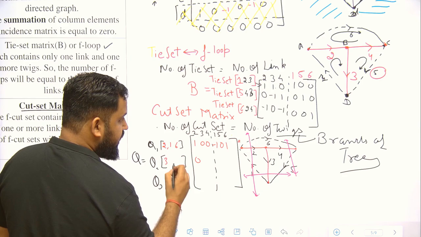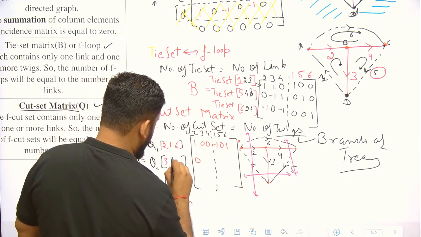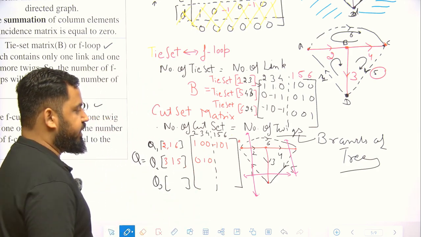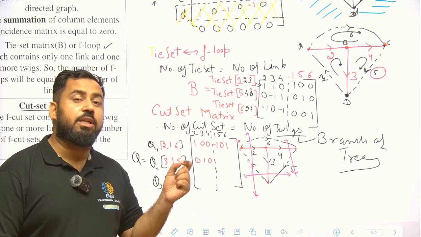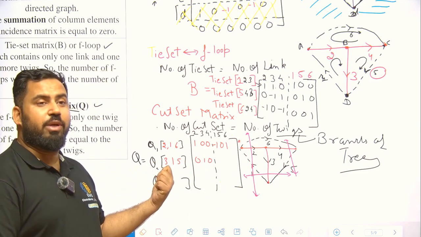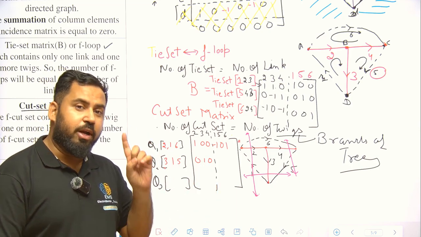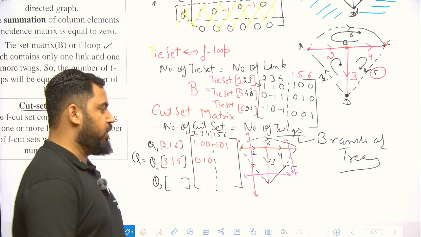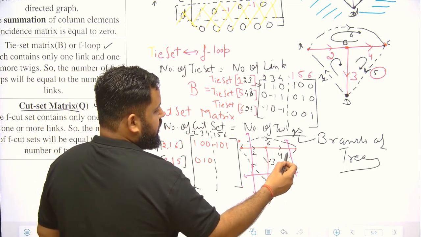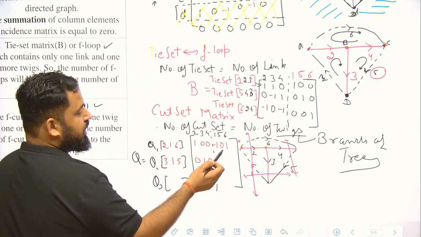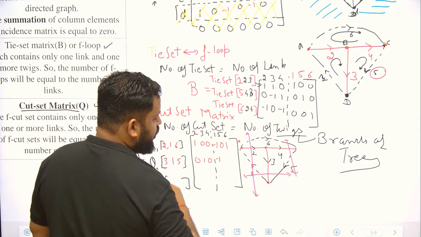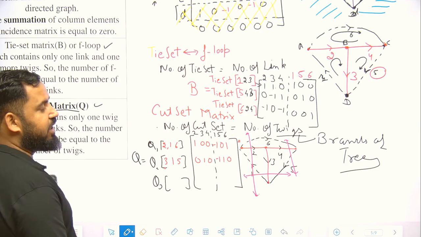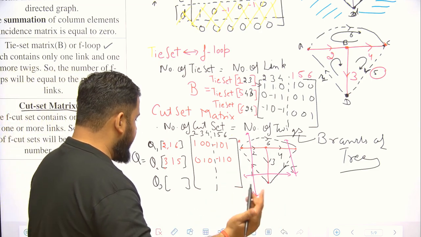So we have 3, we have 1, and we have 5. If we are using the twig 3, put it as +1. According to the direction of 3, the direction of the other links will be decided. 3 is incoming to the node, 5 is incoming to the node, but 1 is outgoing. So 1, which is outgoing, has a different direction, and 5 has the same direction. 6 is not connected in this.